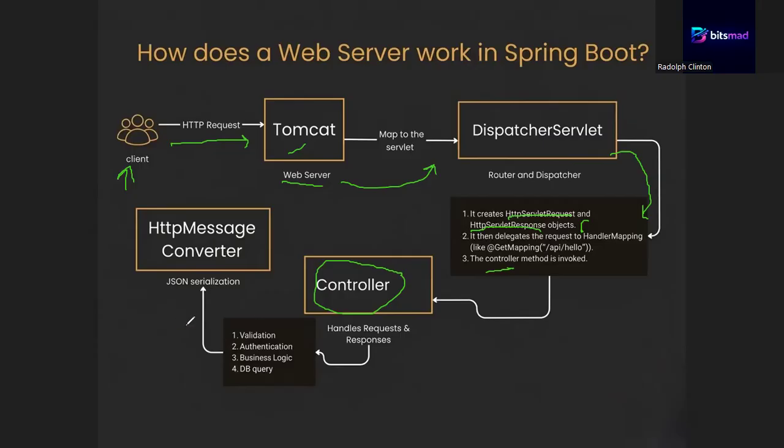Whatever response we got from the service, we bind into our response and send back to the client. Here we are doing JSON serialization and deserialization. In Spring Boot, normally the serialization and deserialization of JSON is done by Jackson. Okay, so I will now show you a basic way we can create controllers.